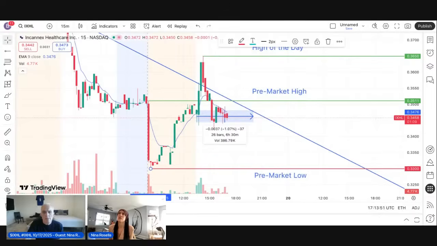What a lot of us may not realize is that while it looks like the stock is going down, it's actually people buying in dark pools.